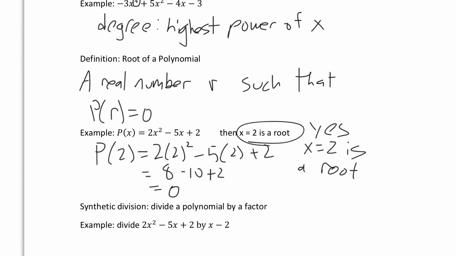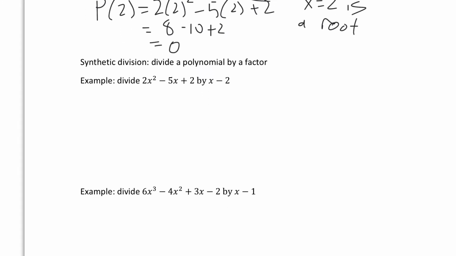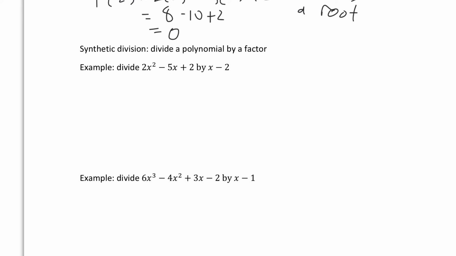Now, once you know a root, you can go ahead and factor the polynomial quite easily using, of course, synthetic division. So synthetic division allows you to divide a polynomial by a factor, and the roots generate those factors.